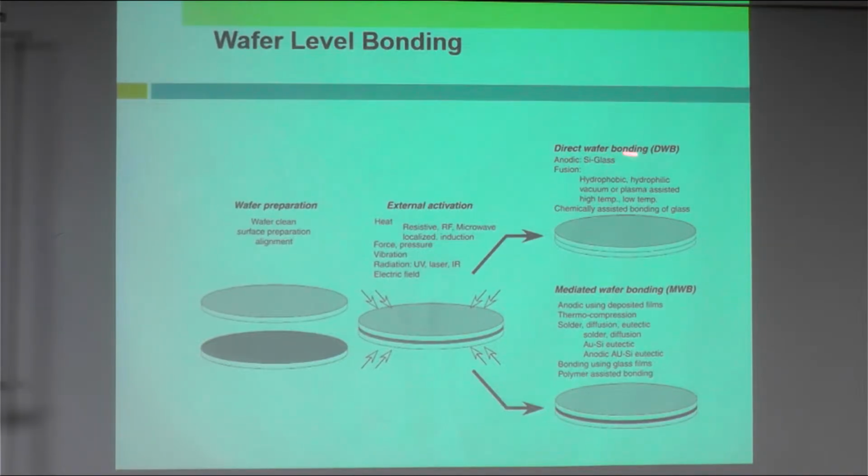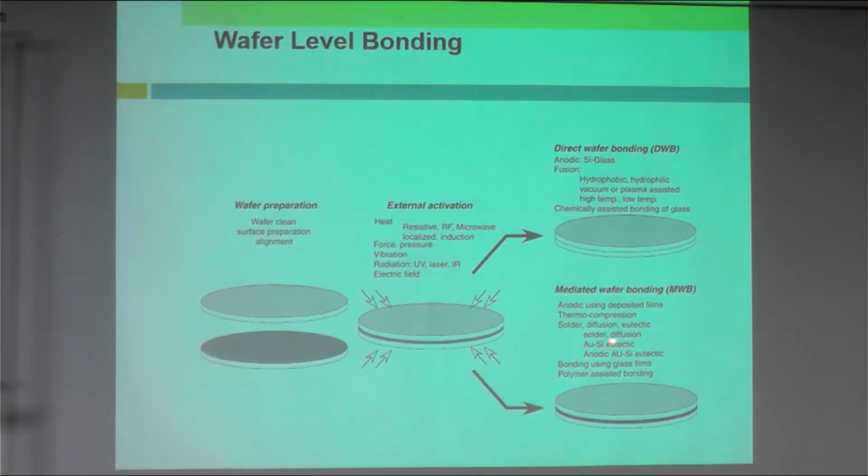And direct wafer bonding, you use anodic bonding using Si glass. And what happens is fusion: hydrophobic and or hydrophilic, vacuum or plasma assisted, high temperature or low temperature, chemical assisted bonding of glass. So basically the bonding of Si glass. And mediated wafer bonding is anodic bonding using a deposited film.